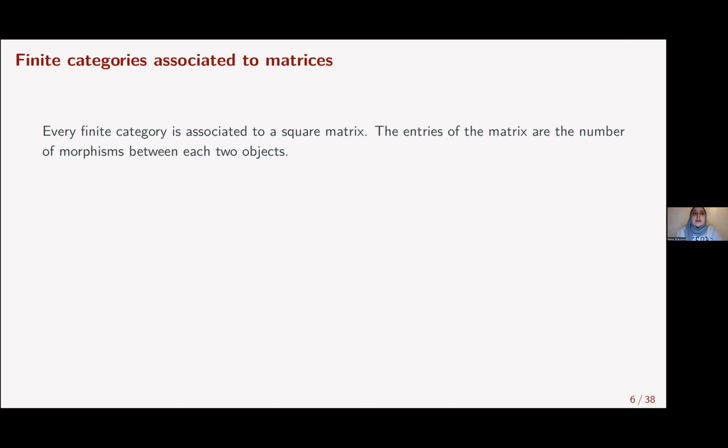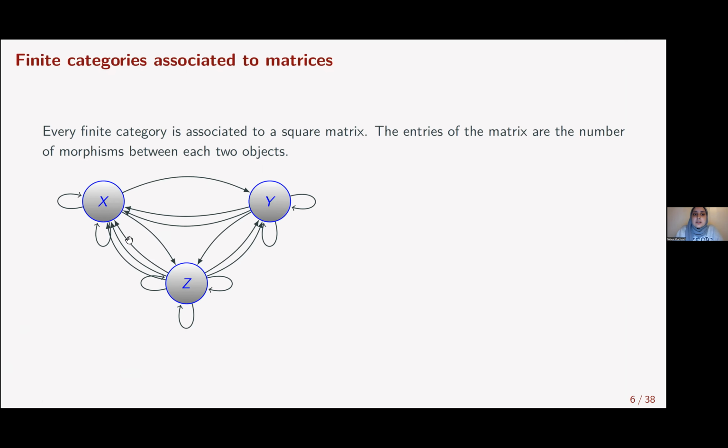Then we can associate finite categories, or represent finite categories, as a square matrix, where the entries of the matrix are the number of morphisms between each two objects. For example, if we have this graph of a category, we have three objects, X, Y, and Z, and these are the morphisms between each two objects.